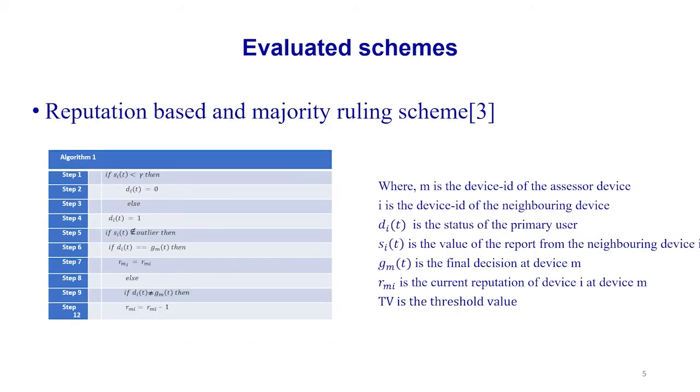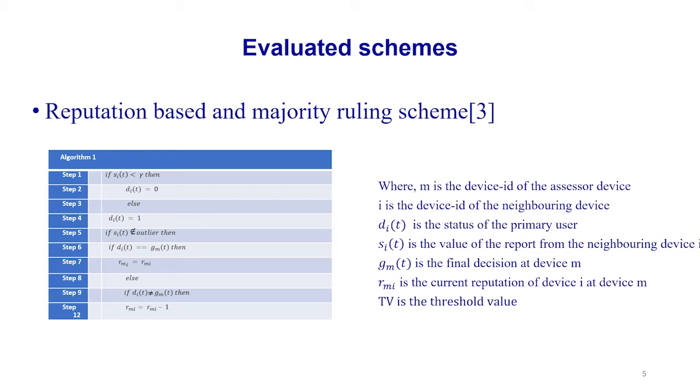So the reason why we chose these two, number 1, is because they're both making use of what is known as energy detection. Energy detection is where the secondary users sense the spectrum, looking at the energy level of the primary user of the underutilized spectrum.